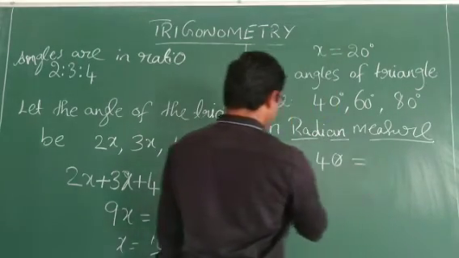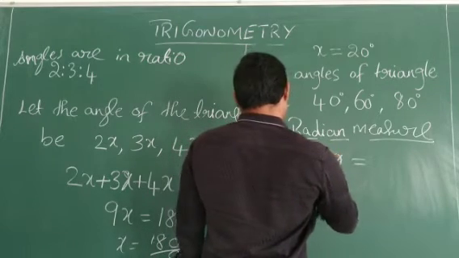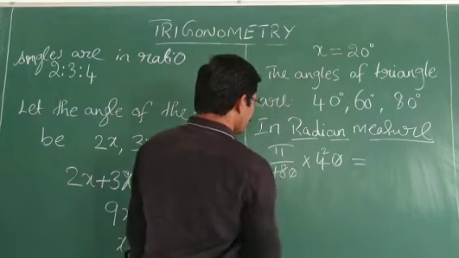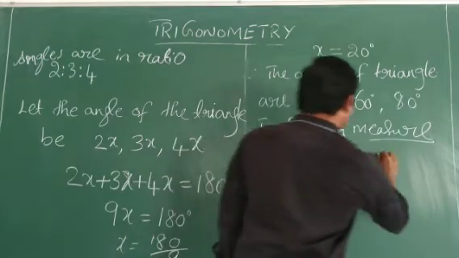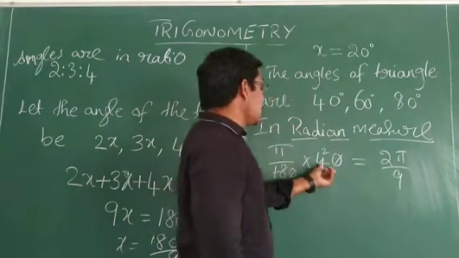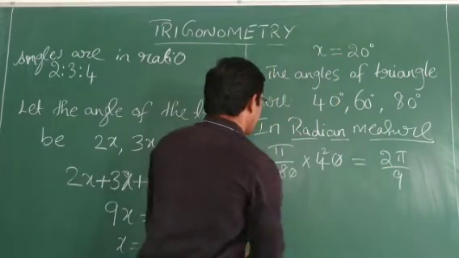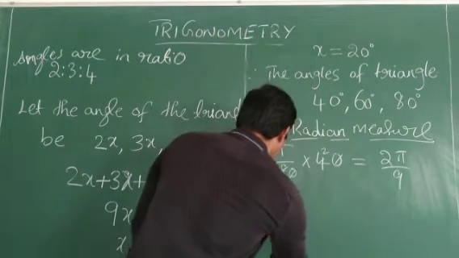That is equal to, we can cancel 0, we can cancel 2, and this is 9 times, so we get 2 pi by 9. So 40 degrees will be equal to 2 pi by 9 radians.